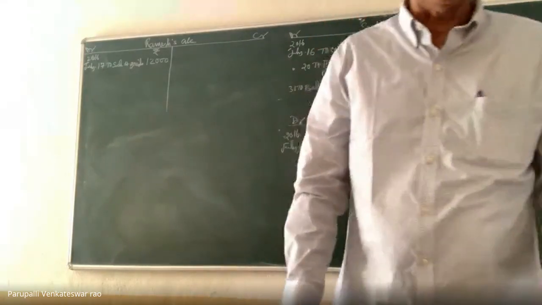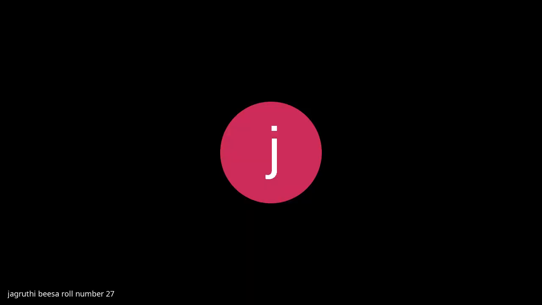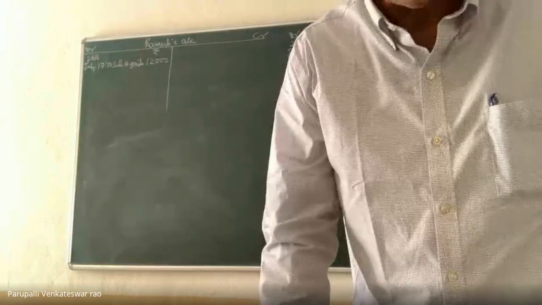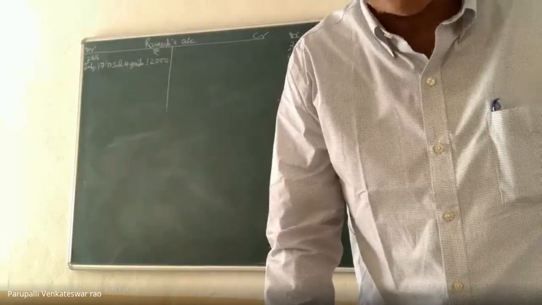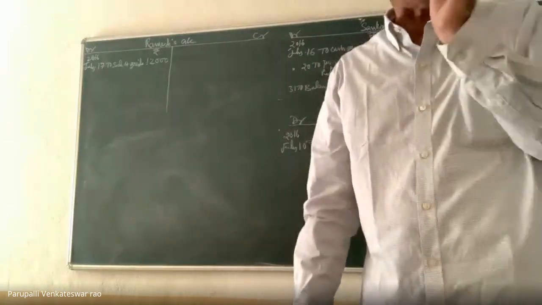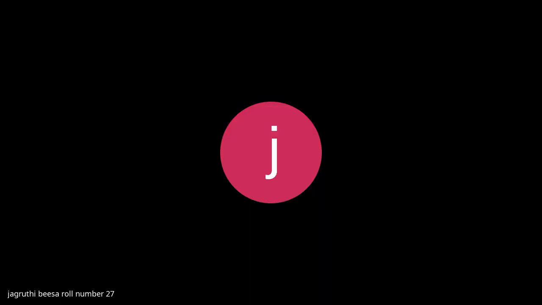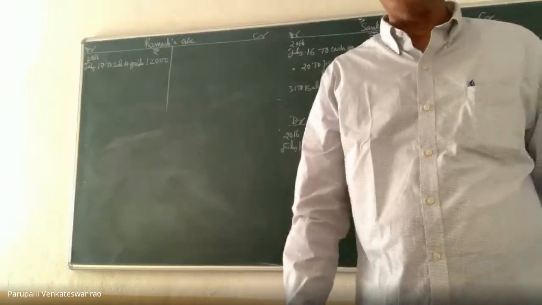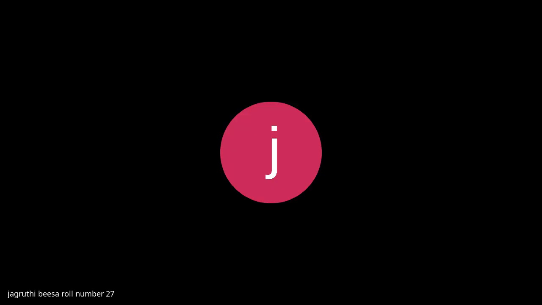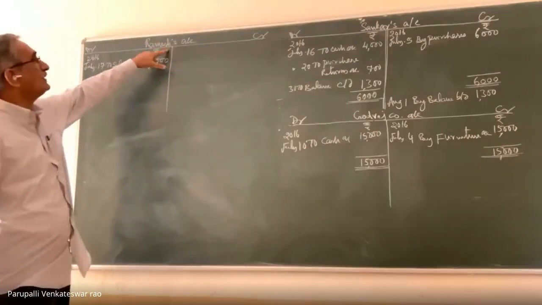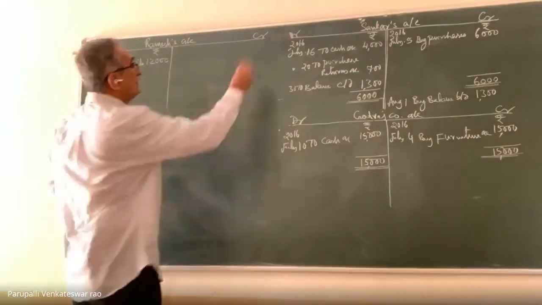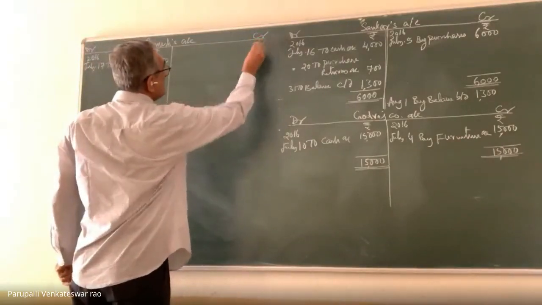Later, tell me, wherever what happened to Ramesh. We have paid 8,000 cash on July 23rd. Ramesh account debited or credited? Credited with rupees 8,000.